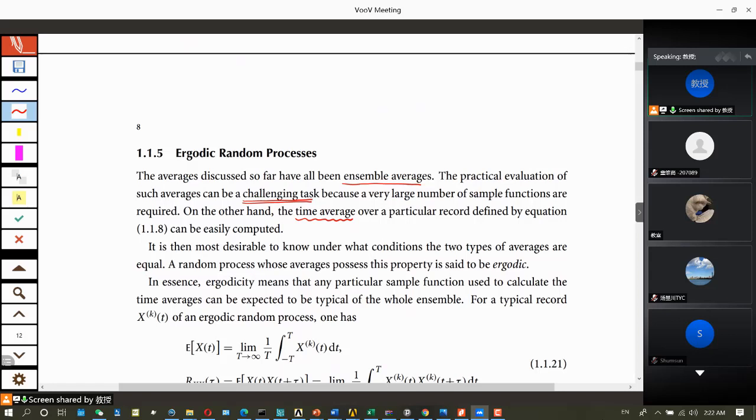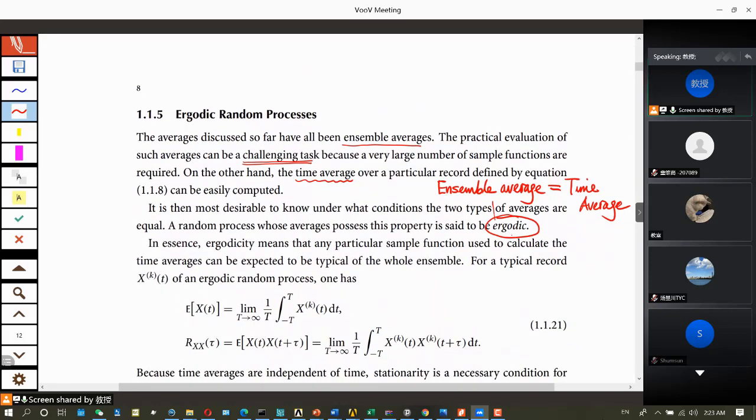A random process whose averages possess this property is said to be ergodic. That means ensemble average is equal to time average, and if this is true, then the random process is called ergodic.